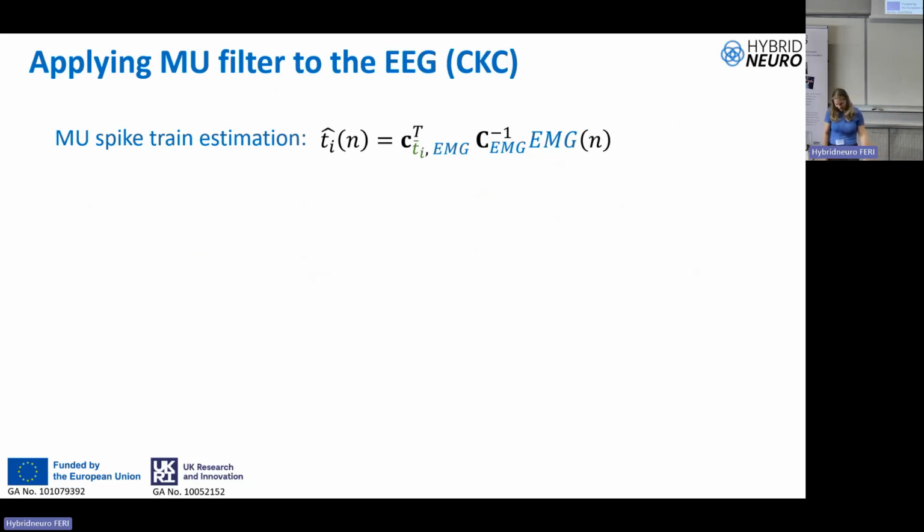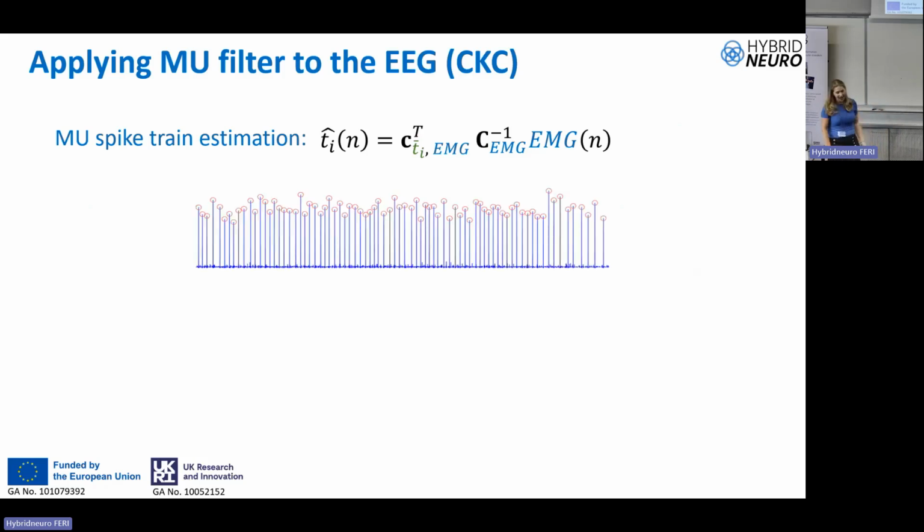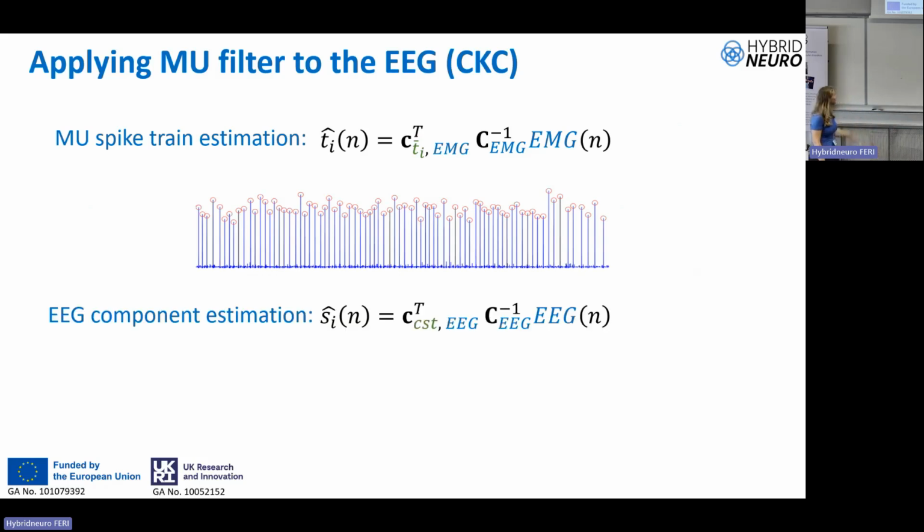Okay, so now we actually know everything that is required for us to know, so we can move on to EEG signals. So we know that if we estimate a motor unit filter and if we apply it to EMG signals, we get a motor unit spike train. But what do we need to change so that a similar method would be applicable to EEG signals?